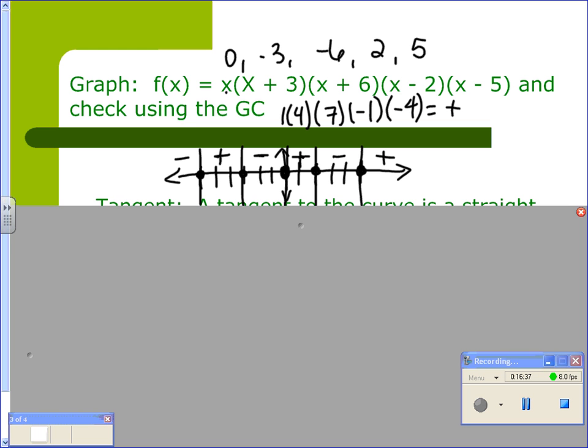Haven't quite figured out how to record the graphing calculator on the document camera so that they'll see it. That's kind of what mine looks like. Mallory.